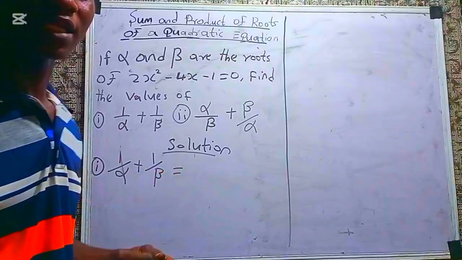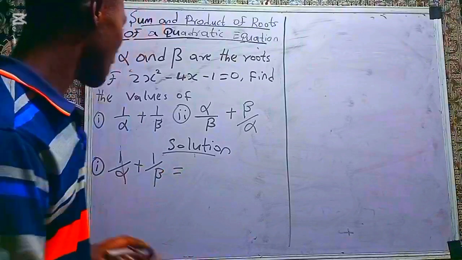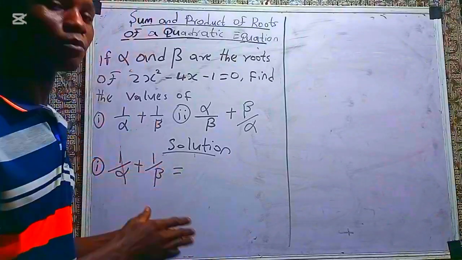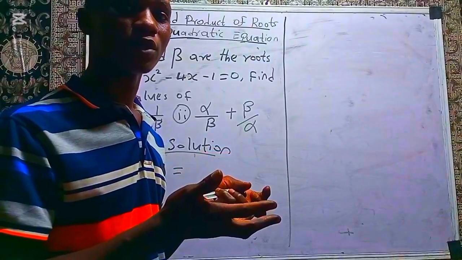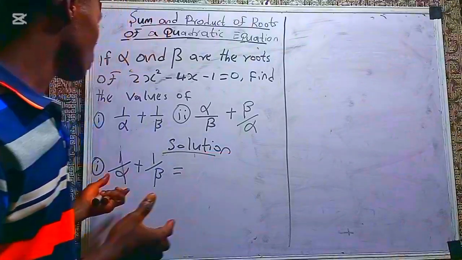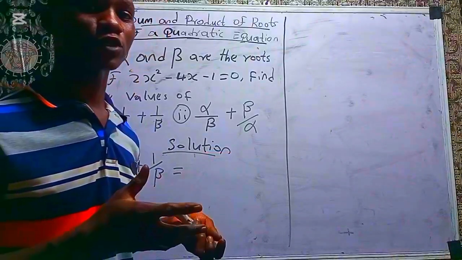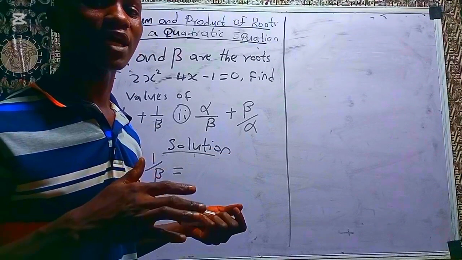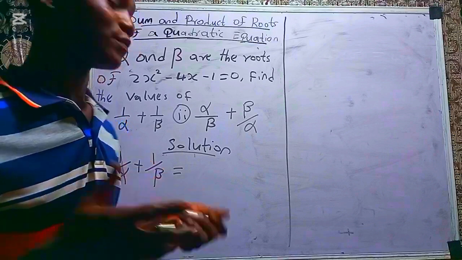So remember, in our last video I told you that you are going to write the expression in the form of sum and product of these two roots. So you are going to write the expression in terms of alpha plus beta and alpha times beta.